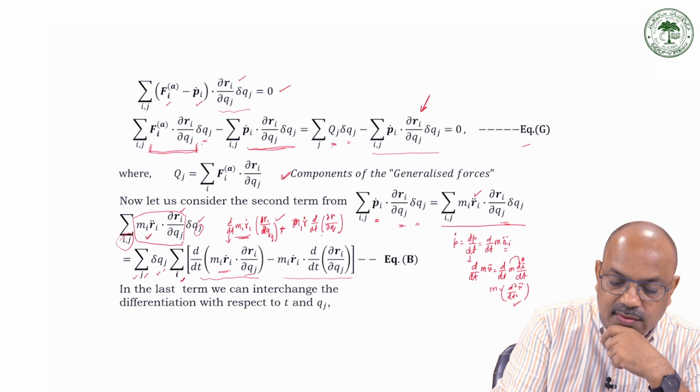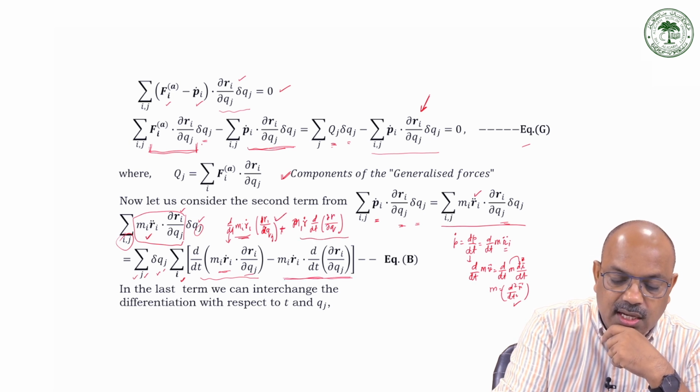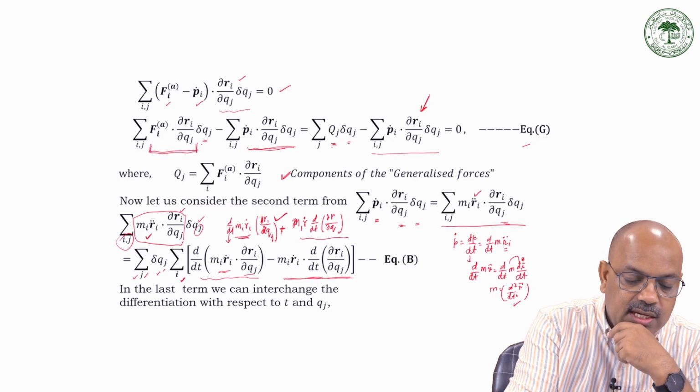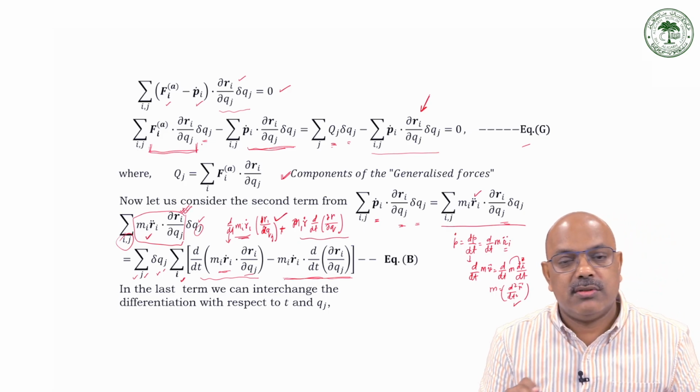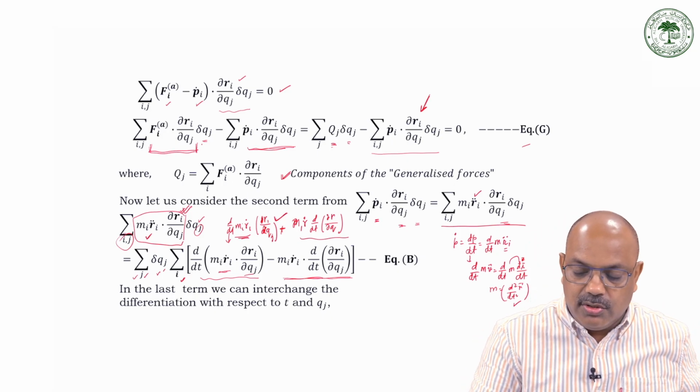If I subtract this from this expression, I get only the required term. It is just an add-and-subtract concept. This is equation V.